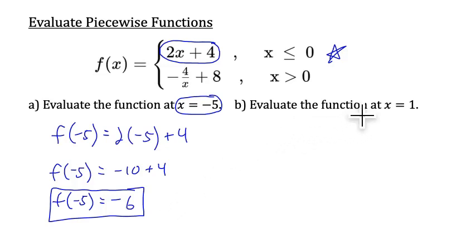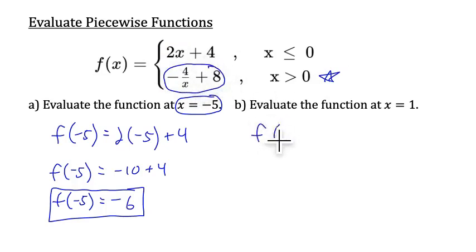Now we're going to evaluate the function at x equals 1. Well, 1 is greater than 0, so we're using the second piece of the function now. So f of 1 will equal the opposite of 4 over the input plus 8.